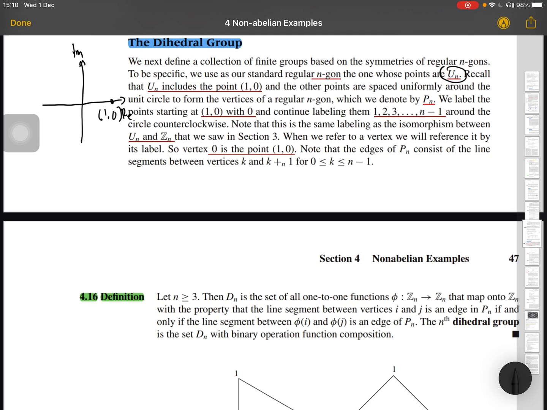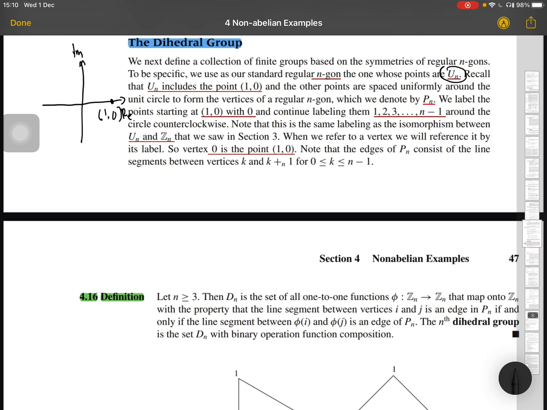And then we denote these vertices by Pn. We label the starting point (1, 0) with 0, and then continue labeling them 1, 2, 3 until n minus 1.